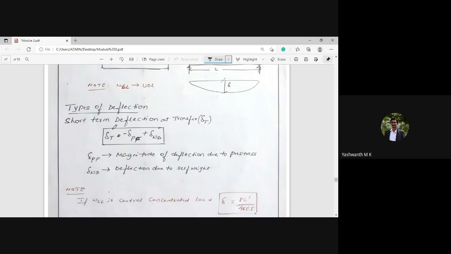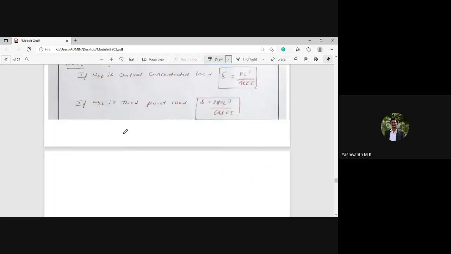That means at the initial stage, or during the uncracked stage, what will be the deflection both in the short term and in the long term? So that I'm going to calculate. Is it clear? These two points are very, very important. You need to know them, because in the problem they are going to ask these things. So now let us continue with that problem.